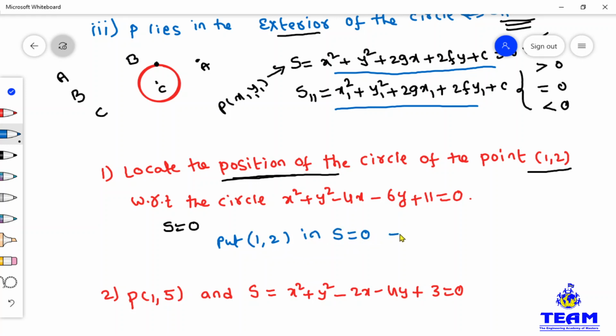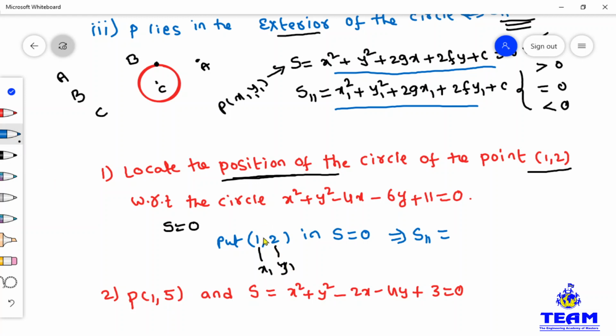S is equal to 0, which implies, in the circle if you are represented, then you will have S11. What is S11 means? Friends, you see, in place of x1 we have to substitute 1, in place of y1 we have to substitute 2. Then you substitute, what will happen?